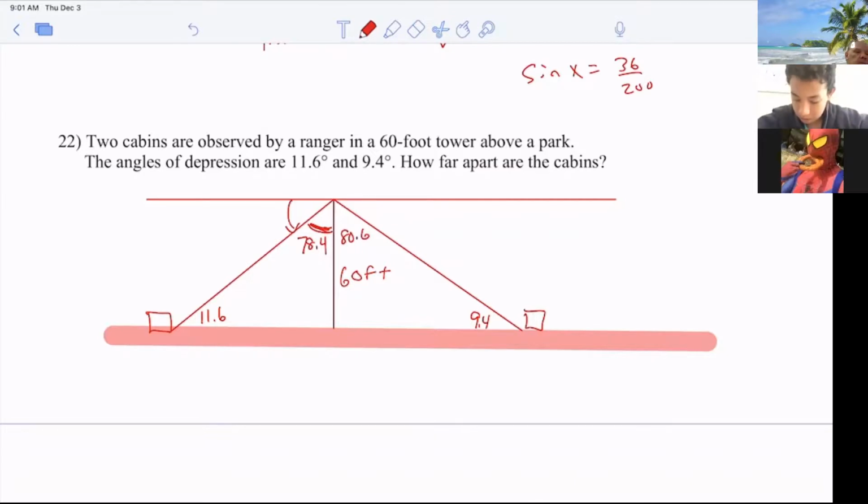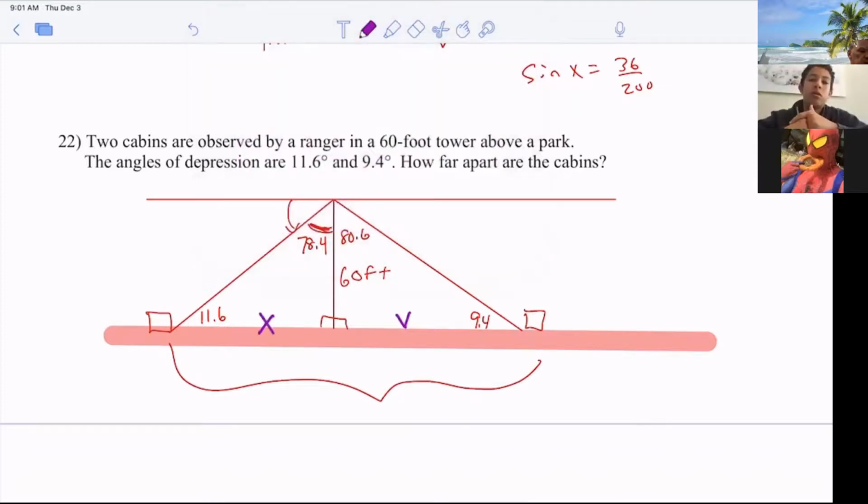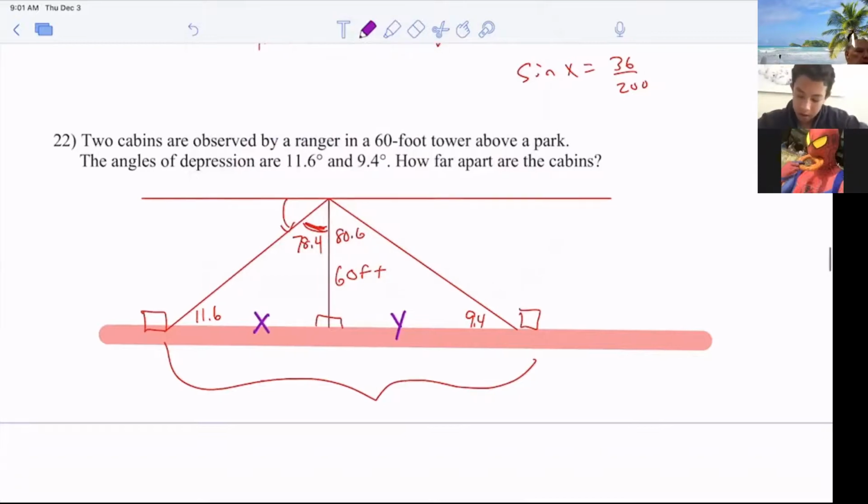All right. Because these are both 90-degree angles, right? And we want to know how far apart these are, correct? So now I just need to find this distance right here, which is not a difficult task. This distance and this distance, right?